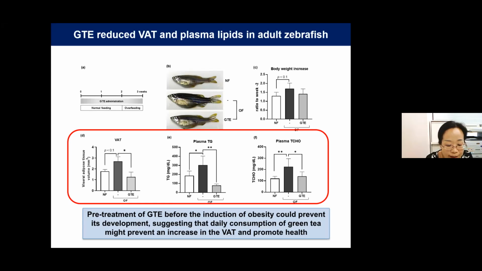So we can conclude that pre-treatment of GTE before the induction of obesity could prevent its development, suggesting that daily consumption of green tea prevents an increase in the VAT and promotes health.